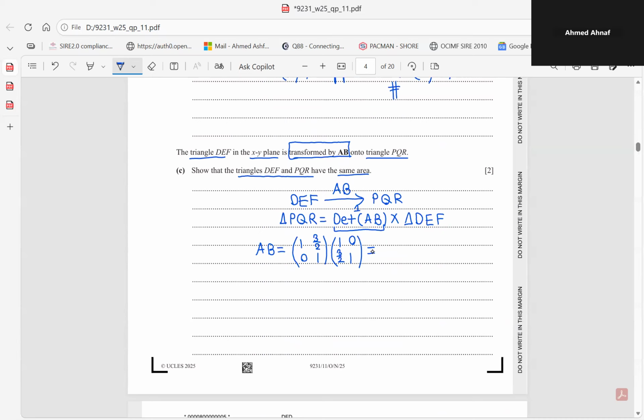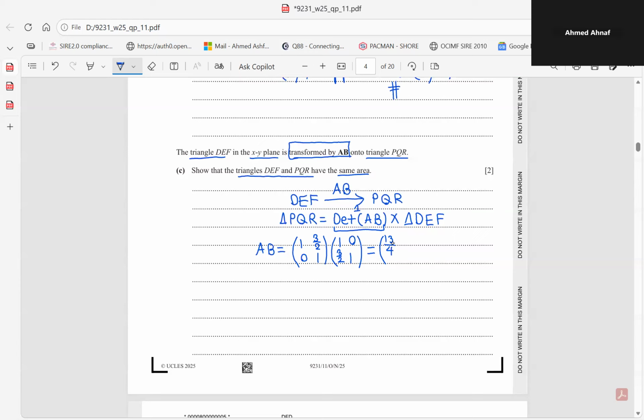You can quickly use a calculator for this, but I'm just going to do it manually. The first row, first column: 1 times 1 is 1, plus 3 over 2 times 3 over 2 is 9 over 4. So 9 over 4 plus 1 is 13 over 4.